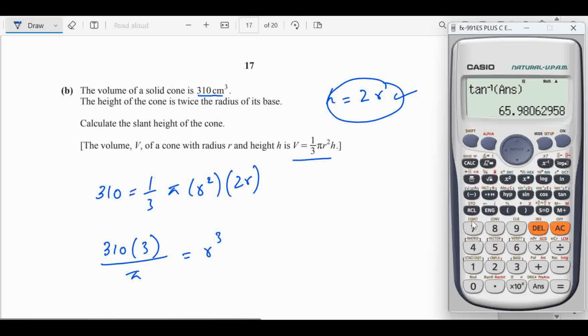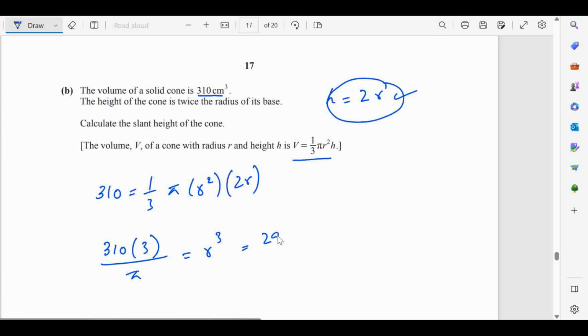Now 310 multiplied by 3 is 930, divided by pi. So this will be 296.028. So 296.028 equals r cube.